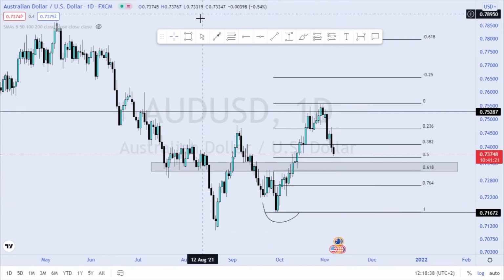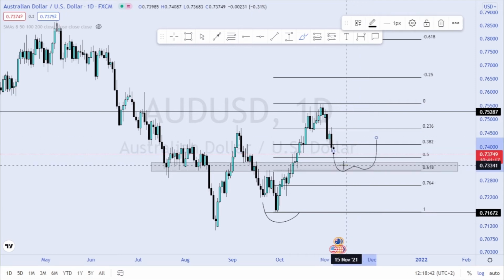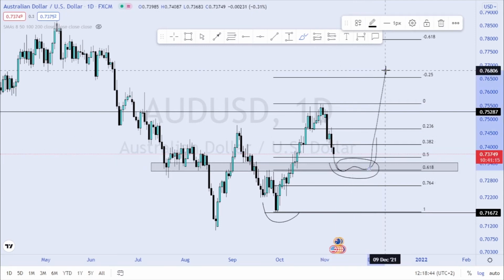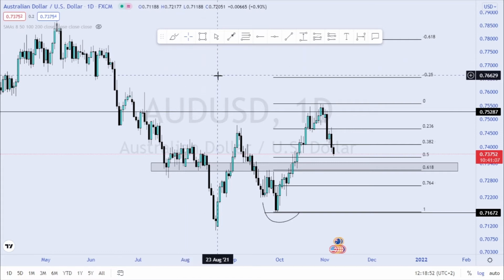So price will most likely come down into this area, create this new higher low point, and then continue to the upside. This is basically what I was seeing, guys. That is why I was sending this breakdown for you guys in the channel.